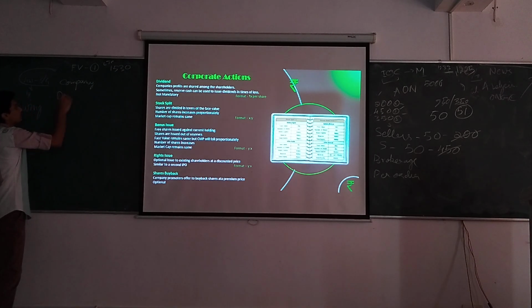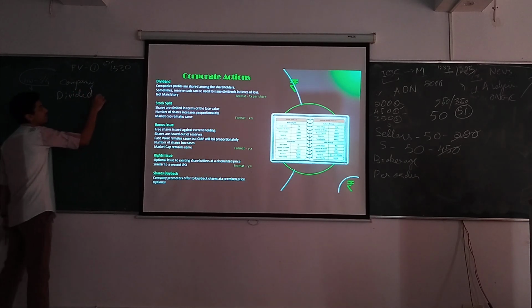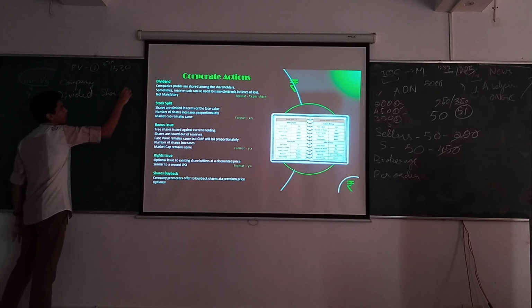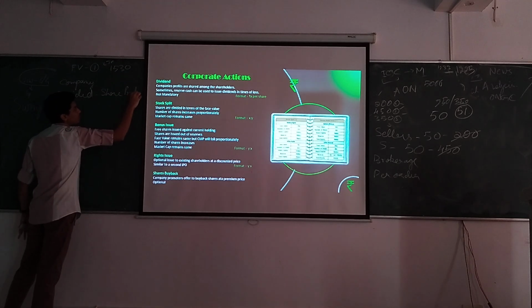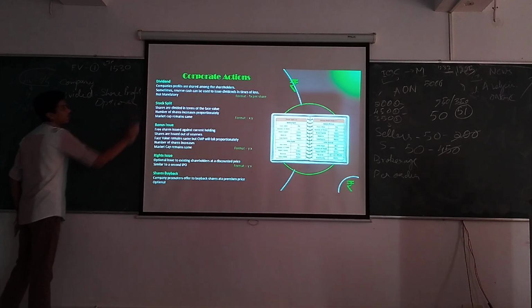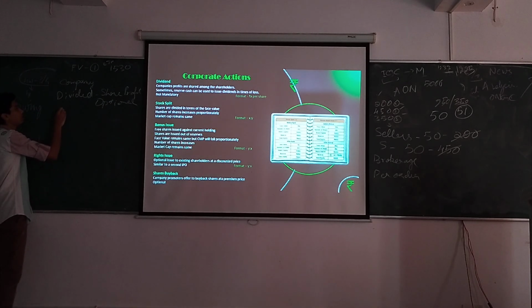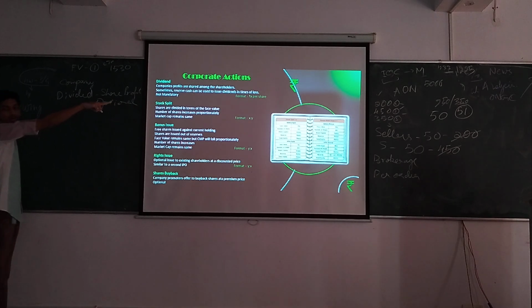So dividend, we spoke about dividend yesterday. Dividend is a share in the profit of the company. It is optional. It means the company can decide to give out a dividend or it cannot do it. And it is usually in a particular format, and the format is very important.